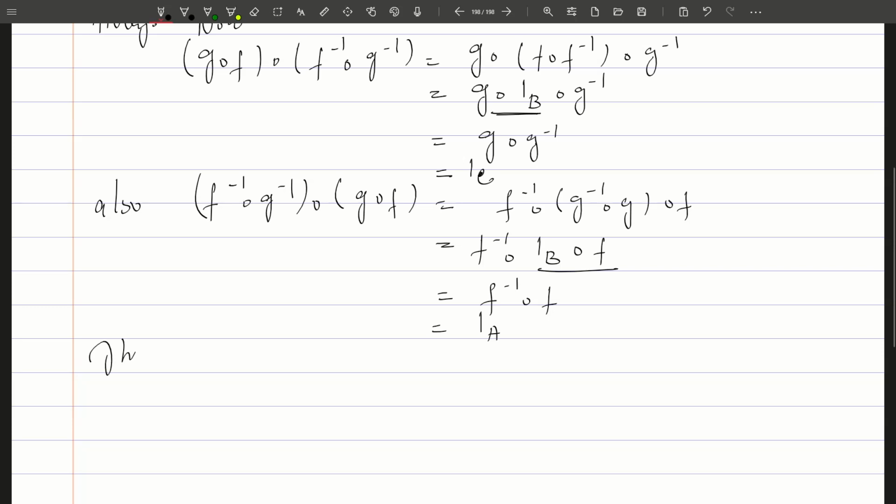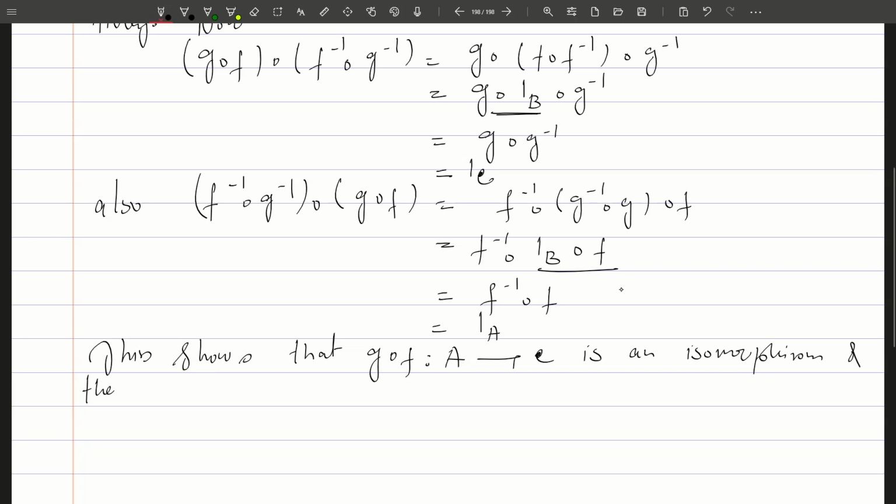So this shows that the composite map g composite f, which is a map from A to C, is an isomorphism with inverse f inverse composite g inverse.